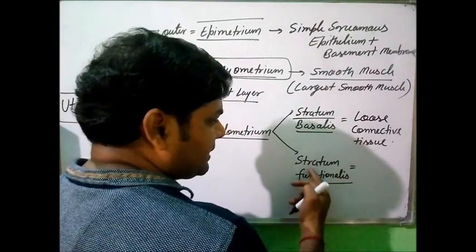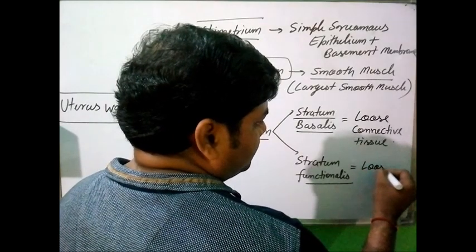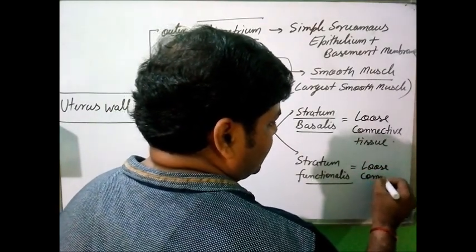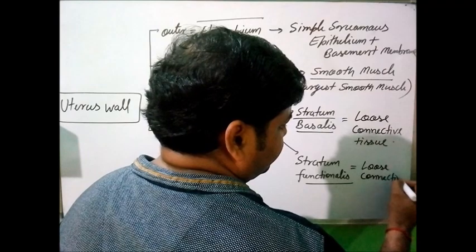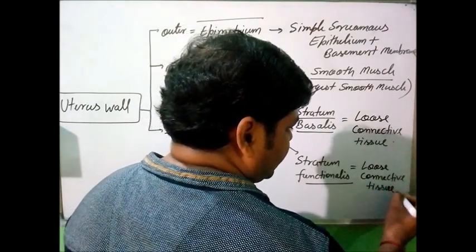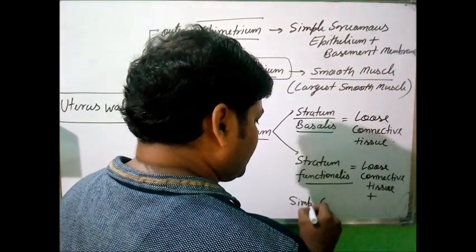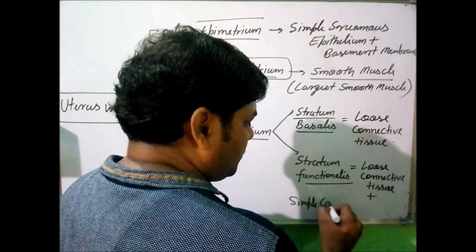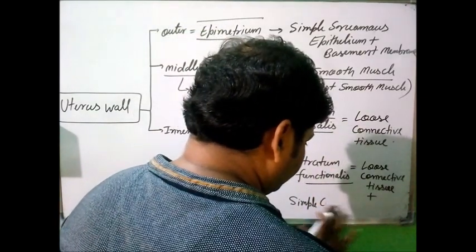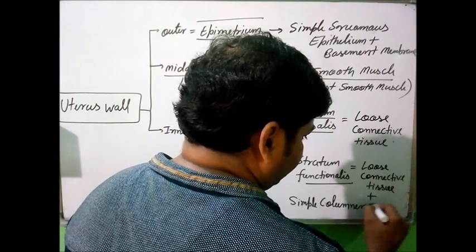And stratum functionalis also has loose connective tissue, plus simple, meaning one layer, columnar epithelium.